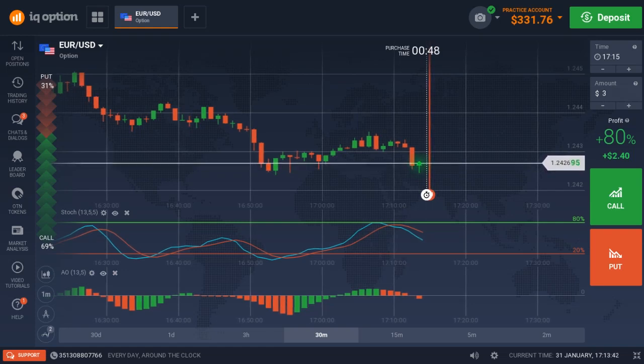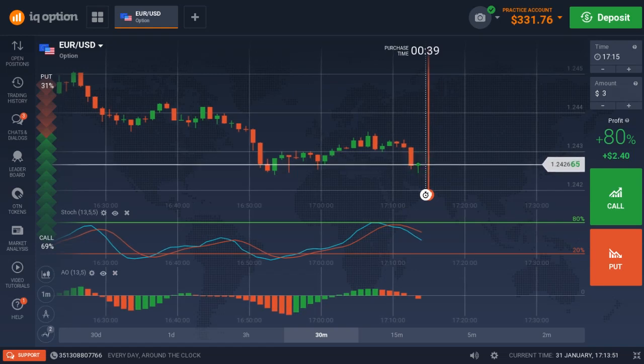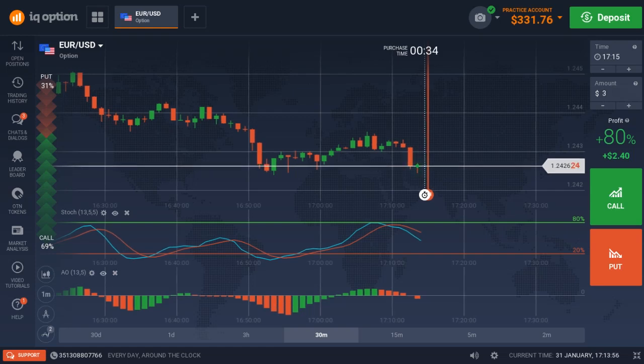Okay, so as I was saying, the doubling of your odds comes from trading 2 currency pairs instead of just the one.